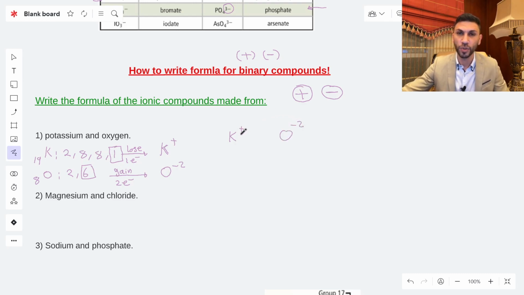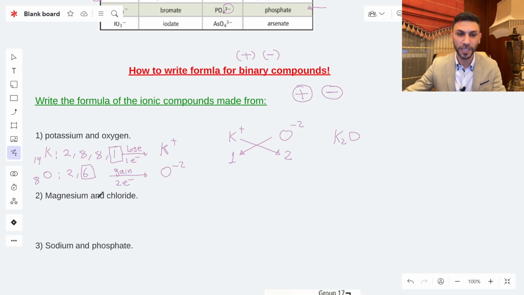I'm going to write number 1 under the potassium, number 2 under the oxygen. K will take 2, O will take 1, so it will become K2O. This is the ionic compound formed from the potassium and the oxygen. Later on, we will try to name these compounds.